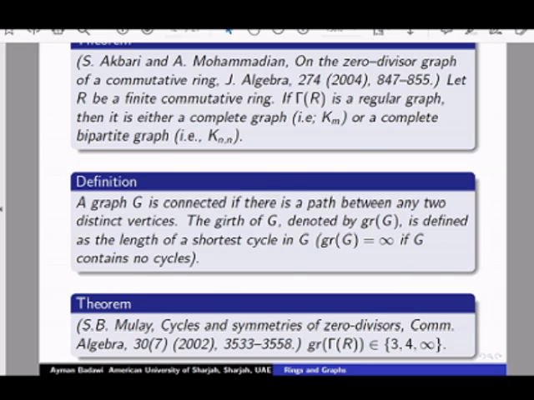However, in 2002, Mollet gave a complete answer for the zero divisor graph: the girth can be a triangle or a square, or there is no cycle. Infinity means the graph has no cycles, like trees. All right? So we have a complete answer for the girth, the length of the shortest cycle.